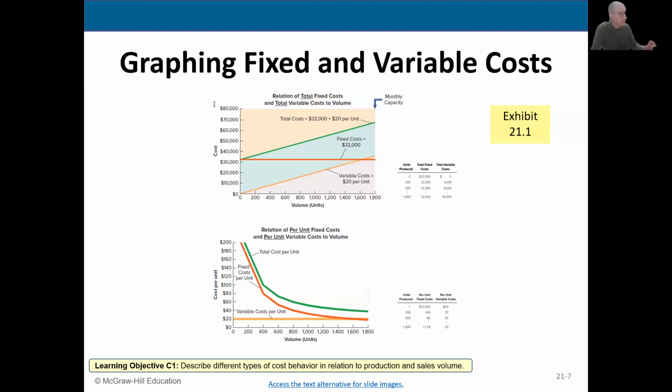And the variable cost per unit, that's direct materials plus direct labor plus variable factory overhead, equals the total variable cost per unit. The variable cost per unit does not change regardless of the level of output. However, my fixed costs on a per unit basis decrease as the output increases.